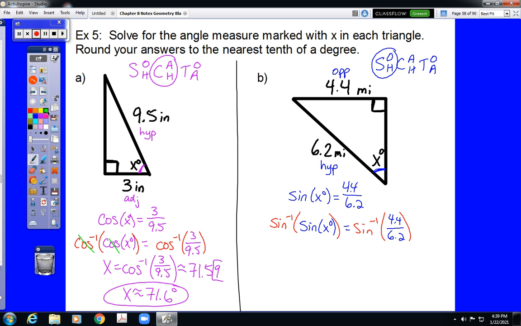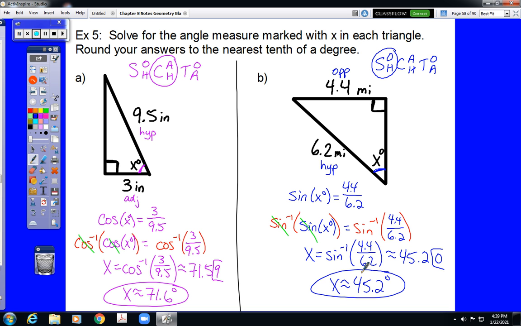Remember that the inverse sine and the sine cancel each other out, leaving us with x is equal to the arc sine or inverse sine of 4.4 over 6.2. We feed that to our calculator. Second sine, 4.4 divided by 6.2. And we get 45.20. Again, the 0 tells us we're going to round down, meaning our answer is 45.2 degrees.